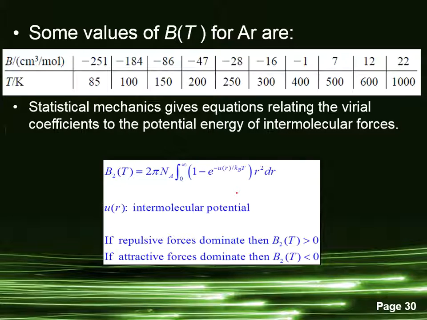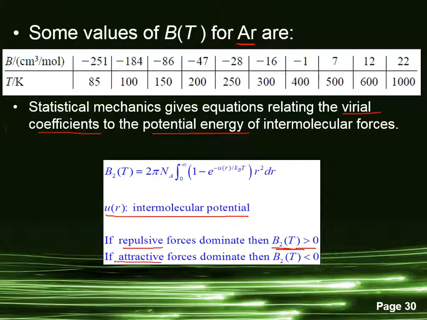The values of B at different temperatures for argon are shown in this table. Statistical mechanics gives an equation relating the virial coefficient to the potential energy of intermolecular forces, where U is the intermolecular potential. At higher temperatures, the repulsive forces dominate, then B is greater than 0.